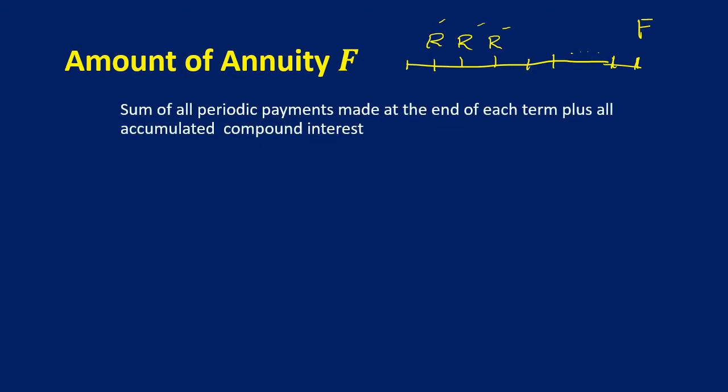Okay, so let's look at some formulas. Again, what is happening in this scenario is that you are paying regular payments, and then you want to know, including interest, what will be the future value of all these payments at a certain time. Take note that this F here is the sum of all periodic payments made at the end of each term plus the compound interest.